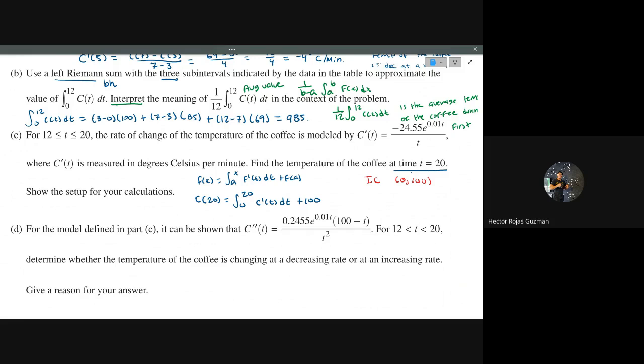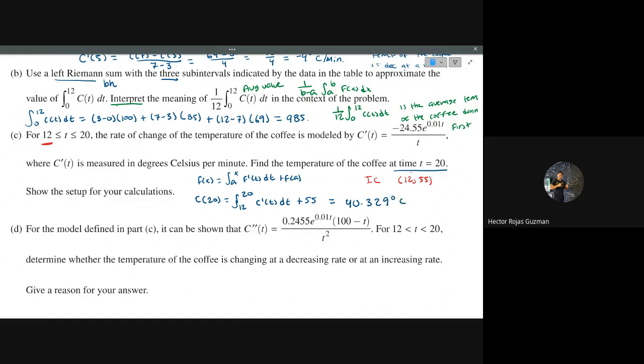We're not actually finding the temperature from the beginning. We're finding the temperature starting from 12. So I have to change my initial condition real quick: 12, comma 55. And then my integral is going to be from 12 to 20.